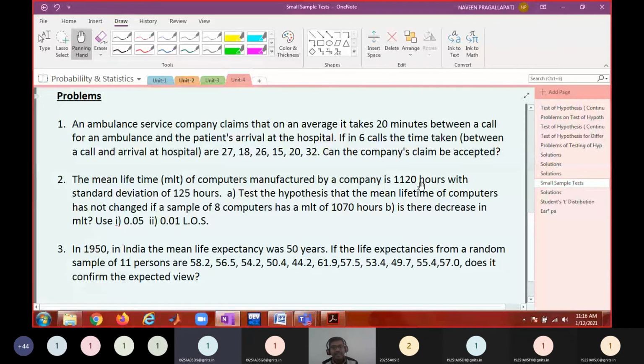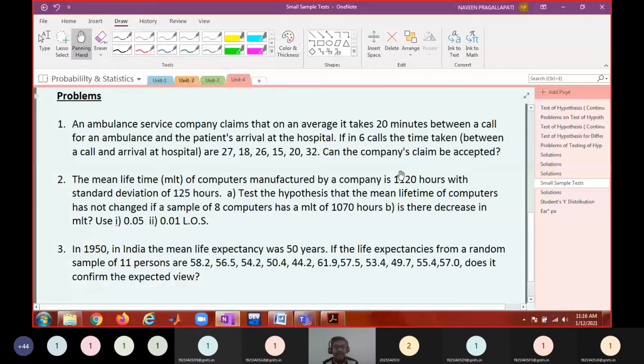Then what does 1120 refer to? Mu naught, the population mean, the company's claim. So you have to test mu equal to 1120 against an alternate hypothesis: mu not equal to 1120, or mu less than 1120, or mu greater than 1120. If you are to apply a two-tailed test, you will write mu not equal to 1120.